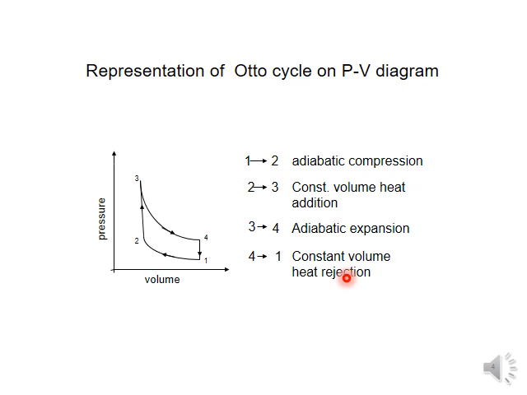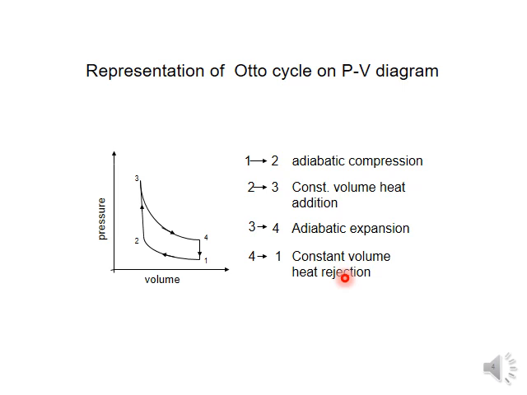And it is better to write the efficiency of an Otto cycle in terms of the compression ratio. Efficiency is equal to 1 minus 1 divided by r power gamma minus 1, where r is the compression ratio and gamma is the adiabatic index. r in terms of the stroke volume and the clearance volume is: r is equal to total volume by clearance volume.